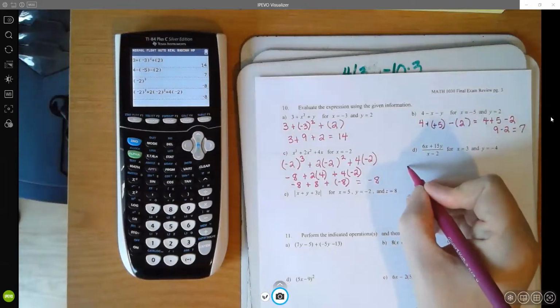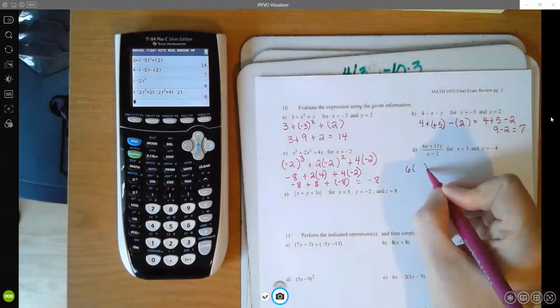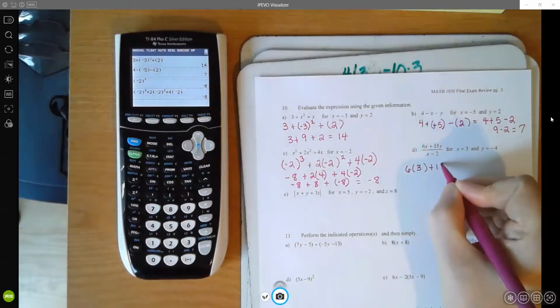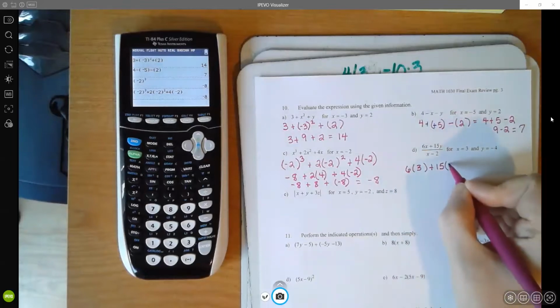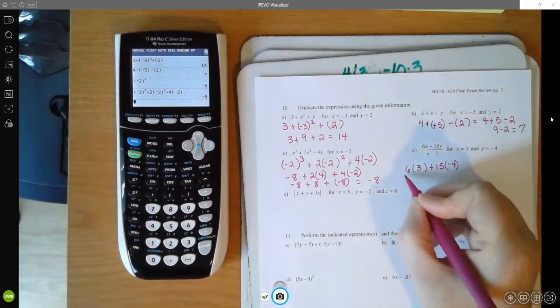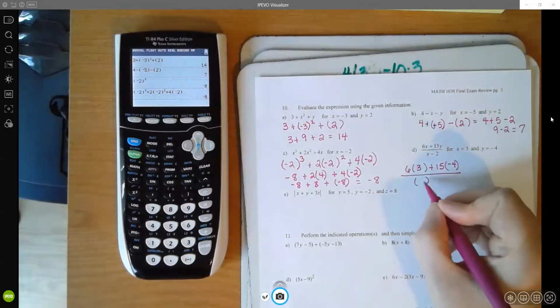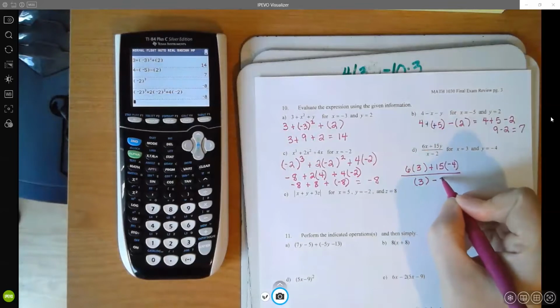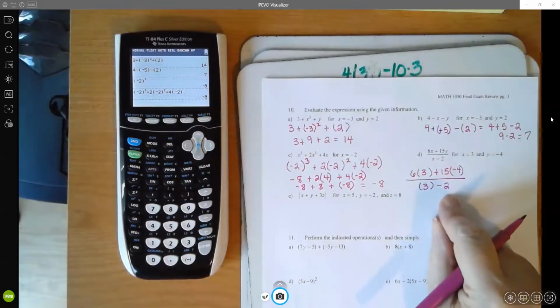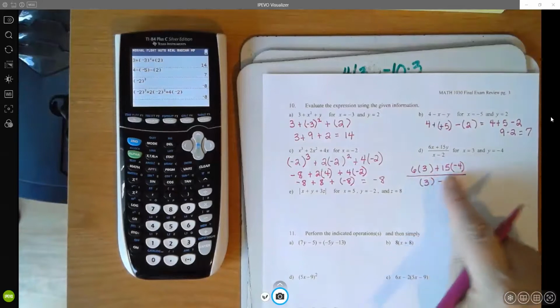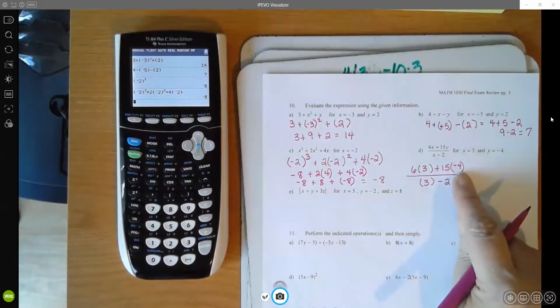So for the top, I have 6 times the x, which is 3, plus 15 times the y, which is -4, all over the x, which is 3 minus 2. Now on this bottom, I really don't need that parentheses, but I use the parentheses to really emphasize that the 3's are the x's and the -4 is the y.